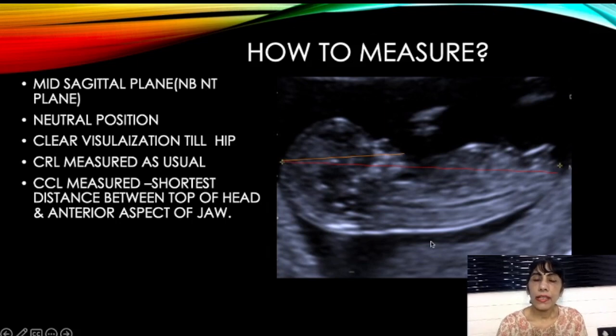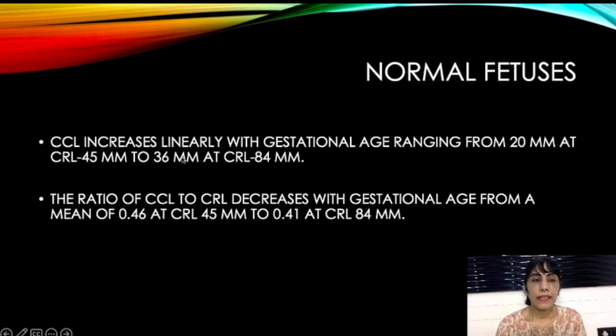It has been seen that the crown chin length increases with gestational age. It ranges around 20 millimeter at CRL 45, which means around 11 weeks or so, and 36 millimeter at CRL 84, which means around 13 weeks, 6 days, or 14 weeks.